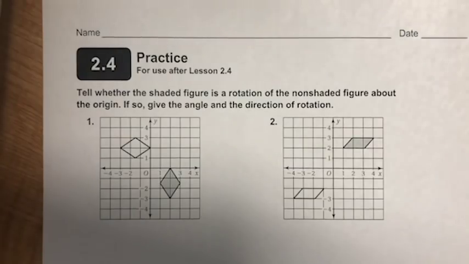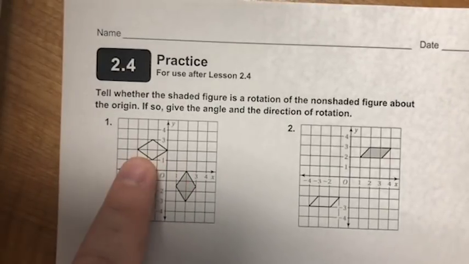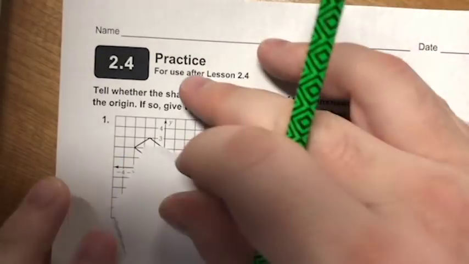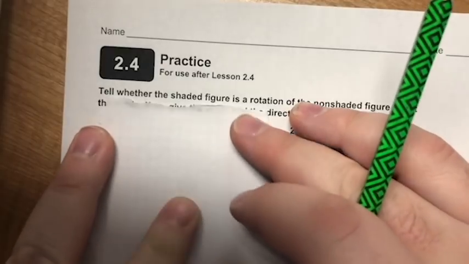All right, so what we're going to do now is do this next problem. It says, tell whether the shaded figure is a rotation of the non-shaded figure about the origin. If so, give an angle and direction of rotation. So what we're doing is seeing if this can be rotated about the origin to make that shape. And we could do this a couple of different ways.